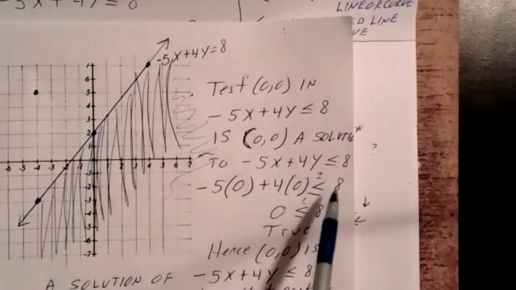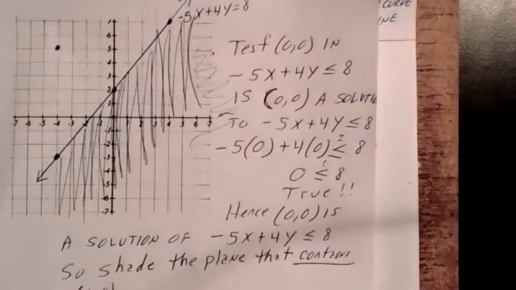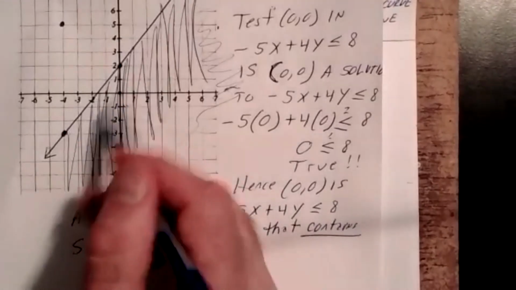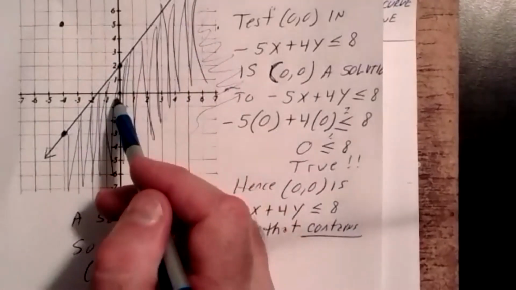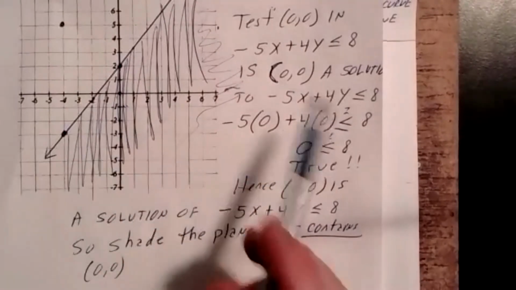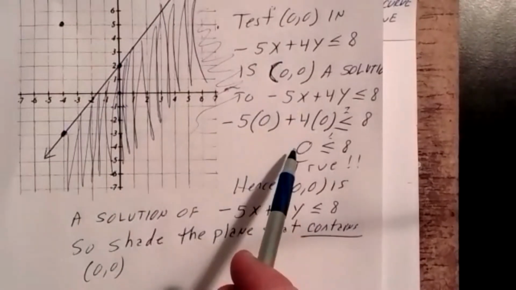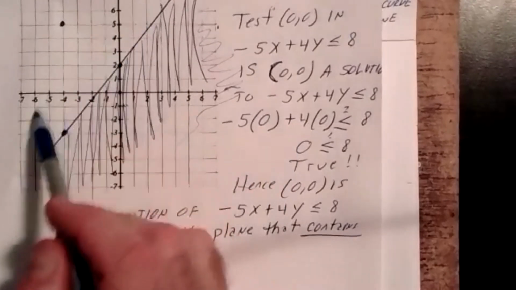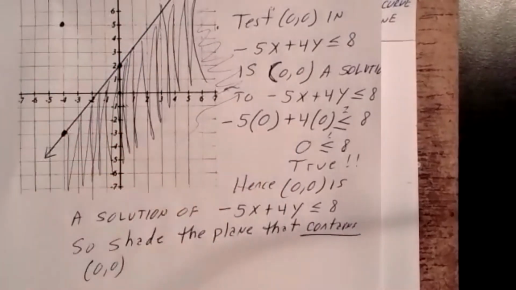And we discovered that 0, 0 is indeed a solution to the inequality. Being the case, we shaded the plane that contained 0, 0. If we had discovered that 0, 0 was not a solution, then we would be shading the plane on the opposite side of the line. Does this make sense at all? Anybody got any questions on how we solve this inequality in x and y using our graphing method?